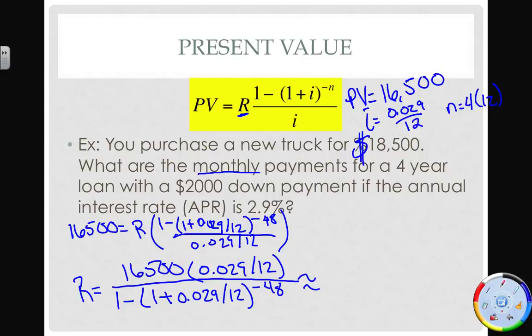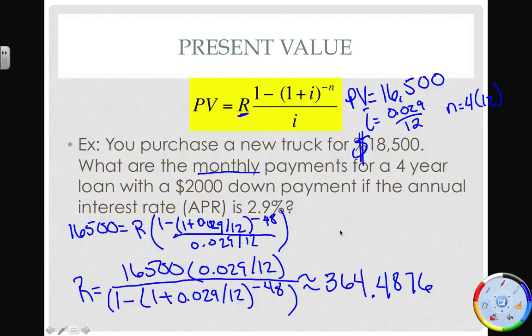So 16,500 times 0.029 divided by 12 divided by 1 minus, again, pay attention. You do need parentheses around this whole thing here if you're plugging into your calculator. And I get 364.4876.